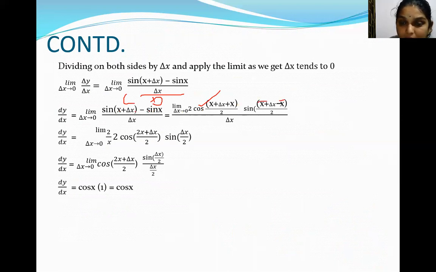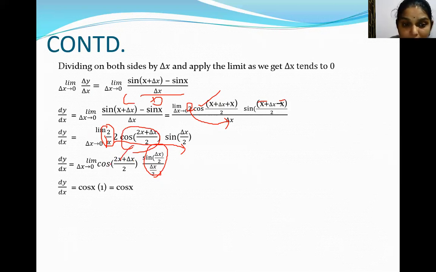Here c is nothing but x plus delta x and d is x as it is. You will take this 2 as the denominator, so that it becomes delta x divided by delta x. You will write this 2 divided by delta x as the denominator for sine of delta x by 2, so that it comes like this. And cos of (2x plus delta x) by 2 is kept as it is.